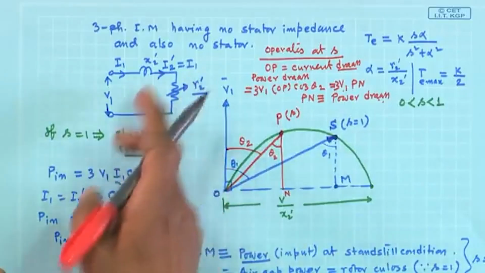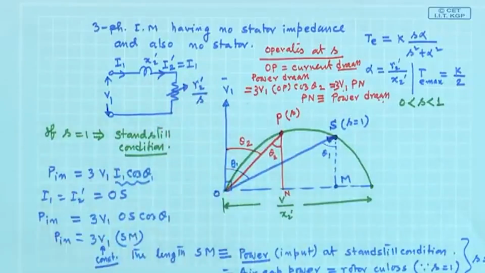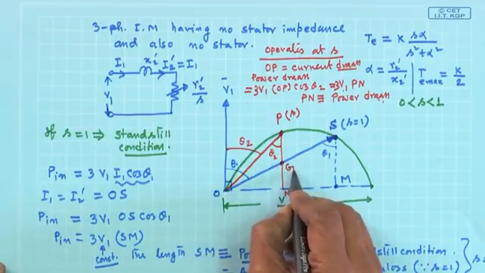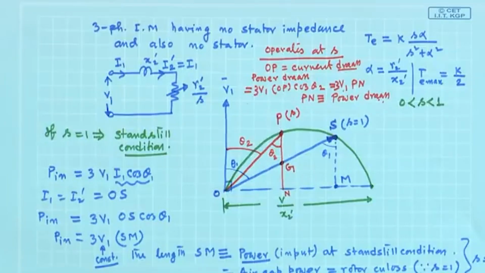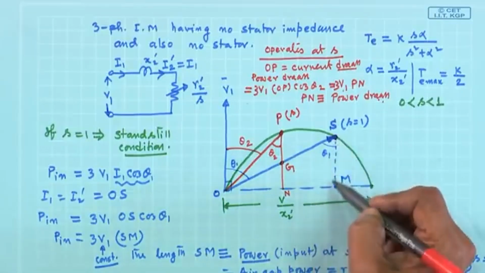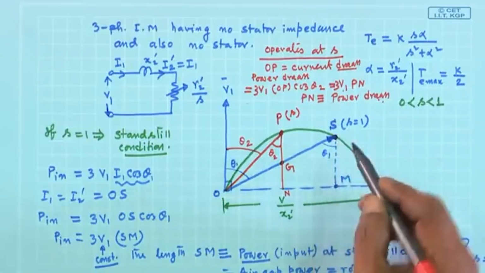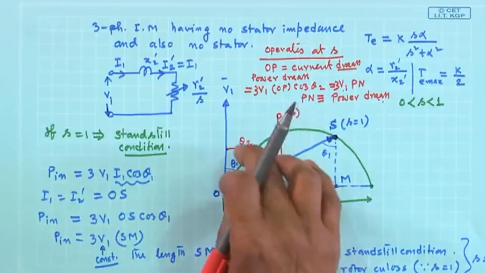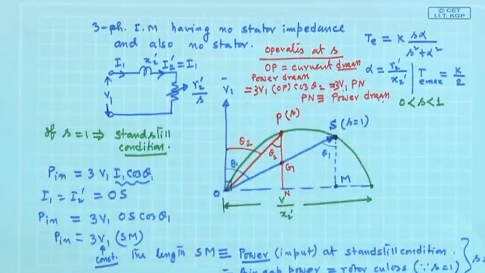And the only resistance present is in the rotor, there is no stator resistance. So, after you get this point of intersection, let me call it G here. In the earlier case, I showed that Sm was equal to the rotor copper loss. In this case, the total input power is this.